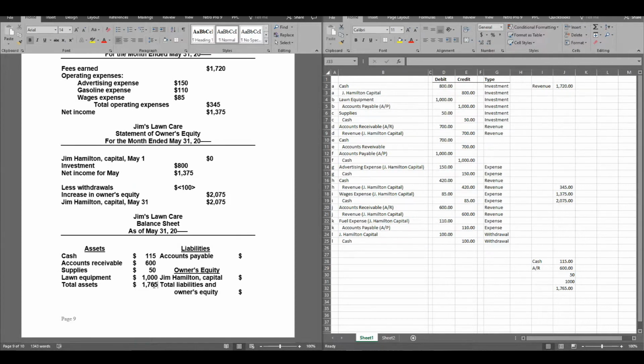And the reason that I know something's wrong is because we have more than that in capital and our accounts payable is not negative. So we wouldn't balance at this point. Let's go ahead and get our liabilities and owner's equity in here, and then we'll figure out what we missed or did wrong.